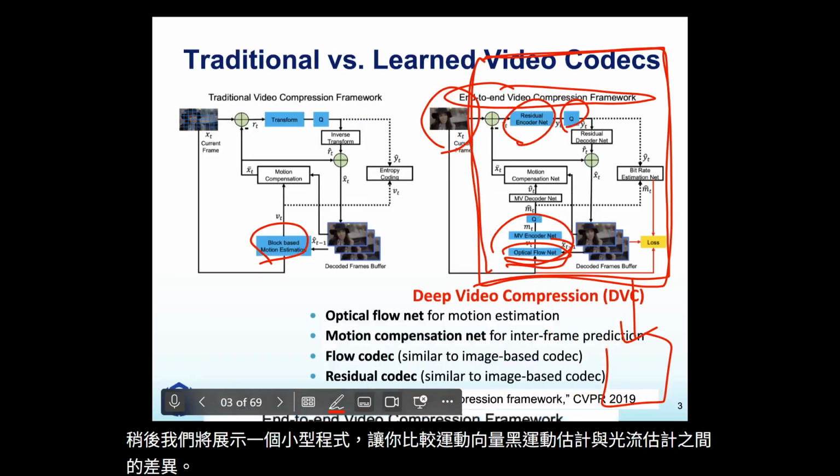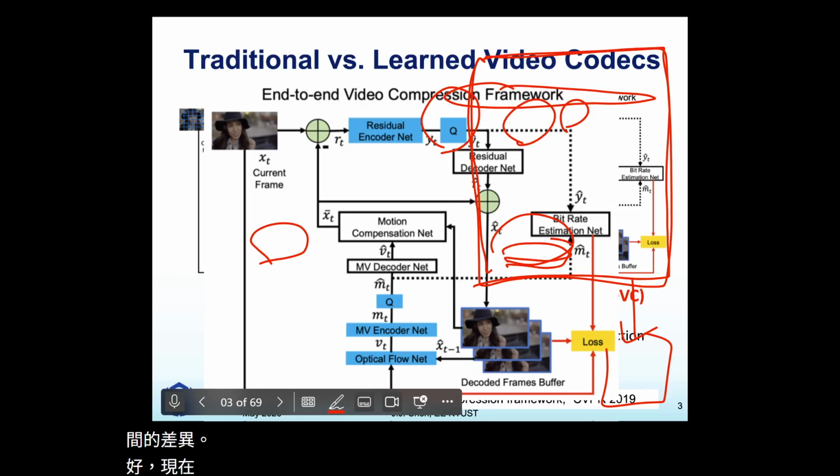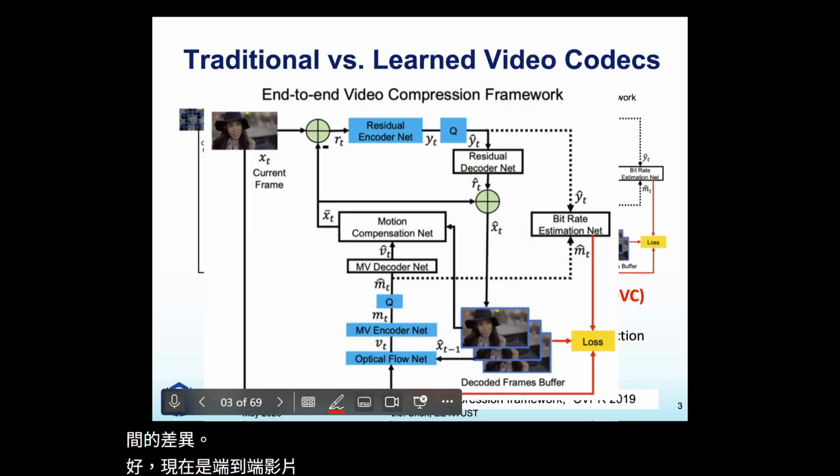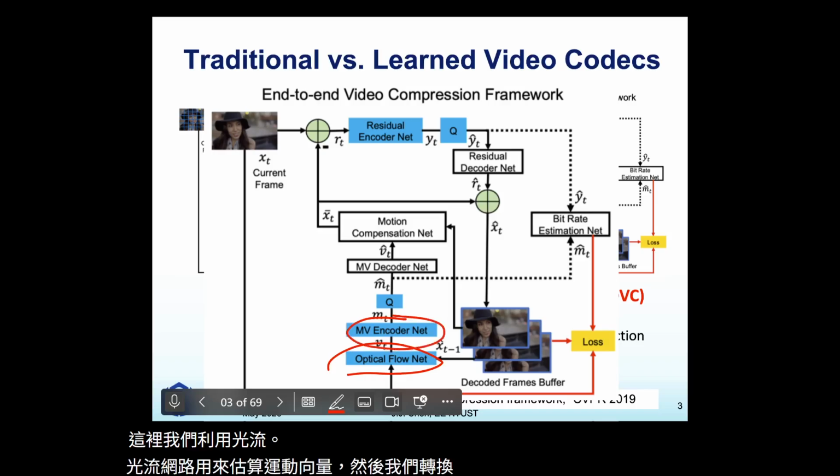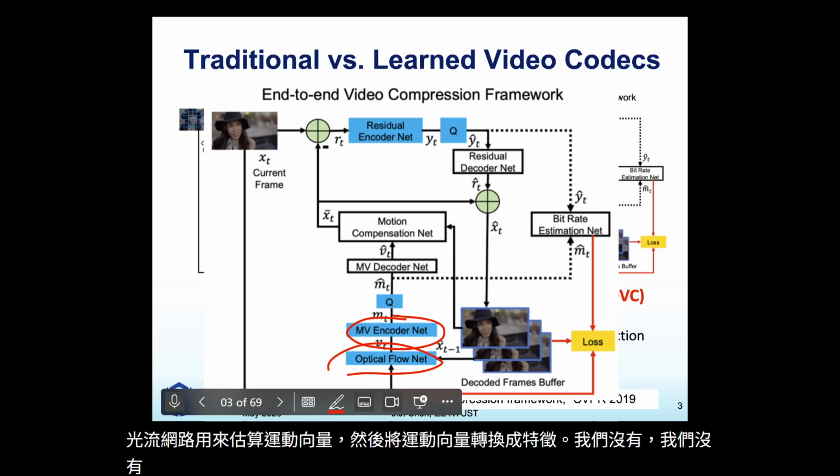Okay, now this is the end-to-end video compression framework. Here we utilize the optical flow network to estimate the motion vector, and then we transform the motion vector into features. We do not compress the optical flow directly, because optical flow is different from the motion vector.